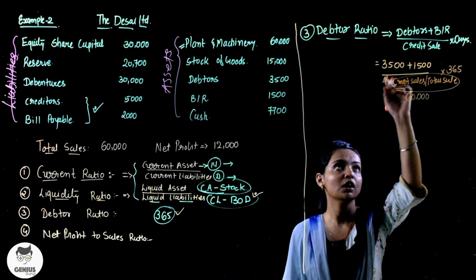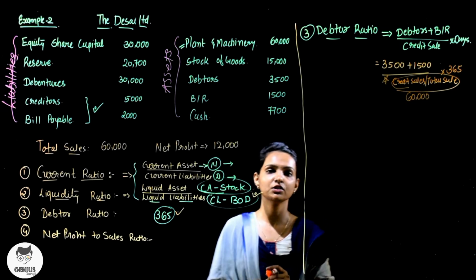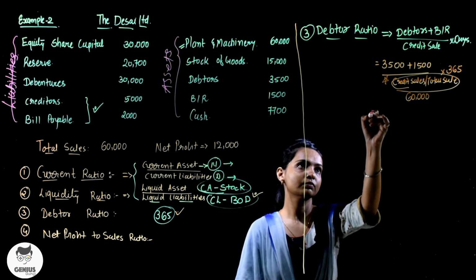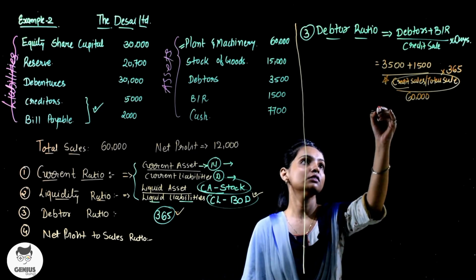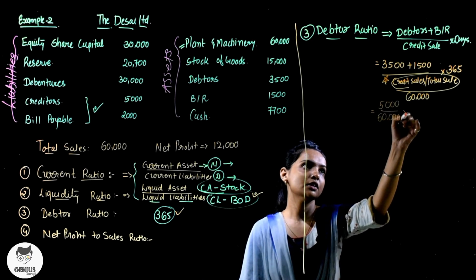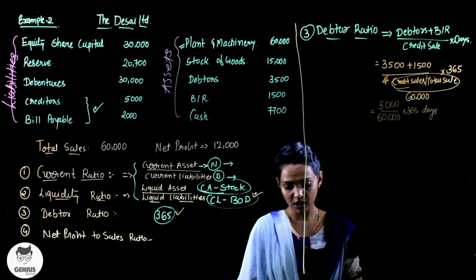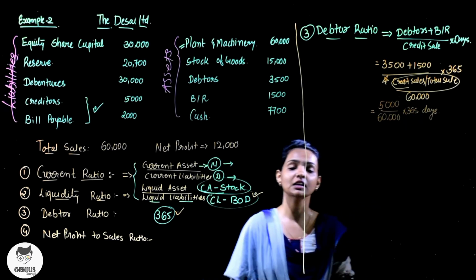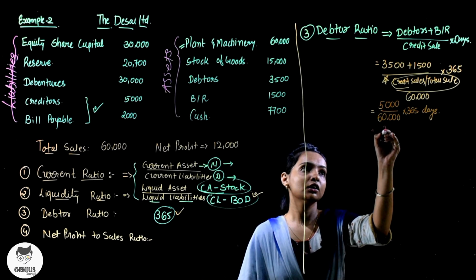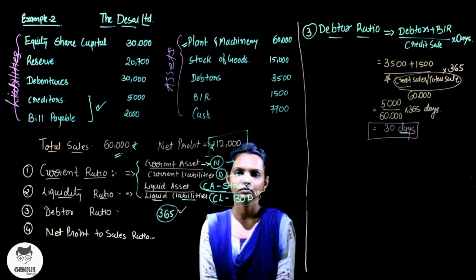I have written it down because it's a very important point: if in a sum they are not giving any information about credit sale, you have to use sale or total sale. What is the total of this? 5,000 divided by 60,000 into 365 days. Now this ratio will give us the answer in days. It's telling us that in 30 days you can collect your payment.